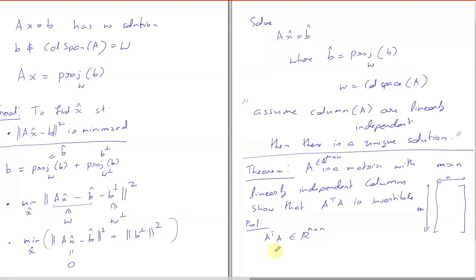When we are taking a dot product, we are just adding up scalars, right?